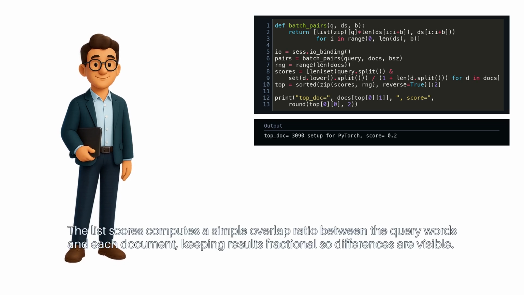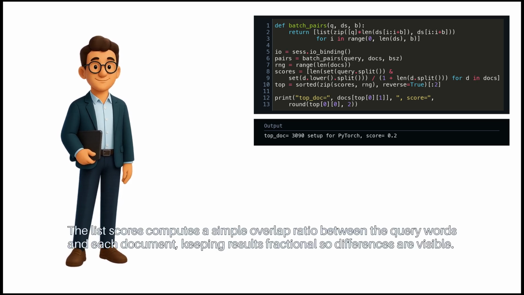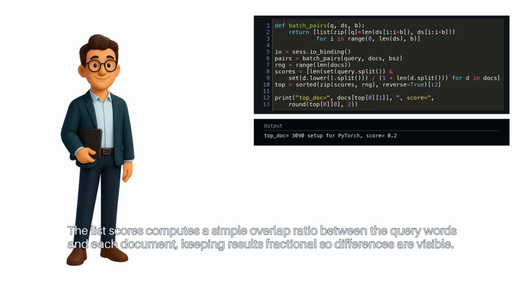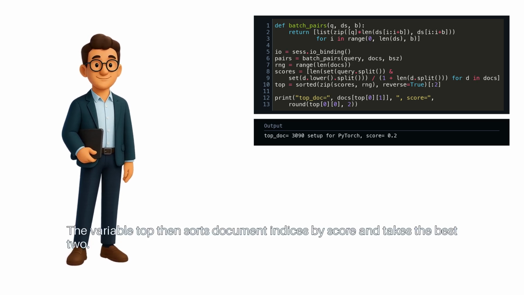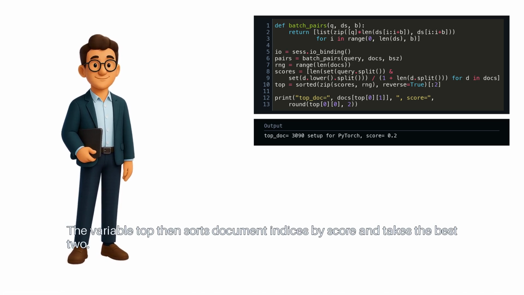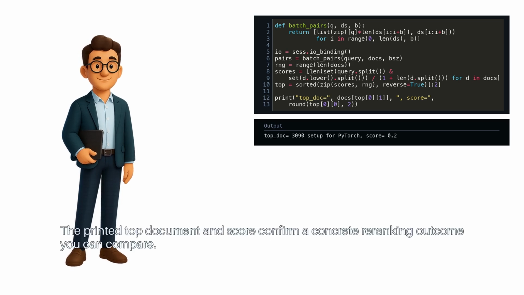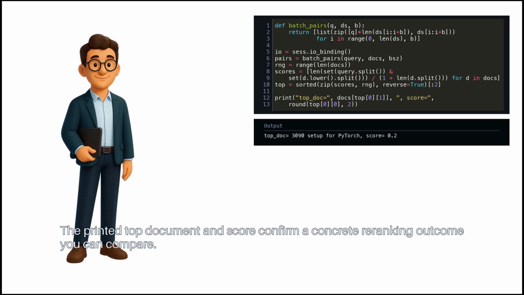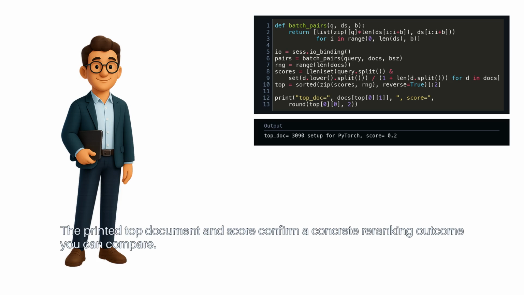The list scores computes a simple overlap ratio between the query words and each document, keeping results fractional so differences are visible. The variable top then sorts document indices by score and takes the best two. The printed top document and score confirm a concrete re-ranking outcome you can compare.